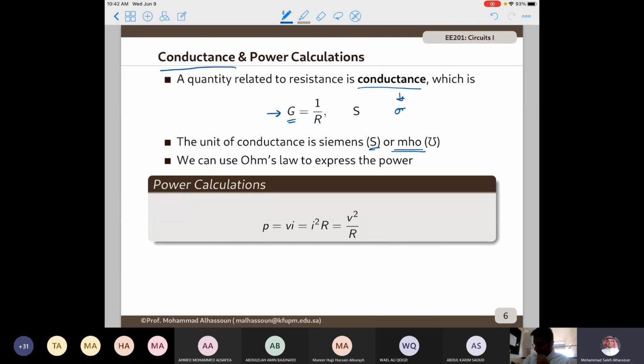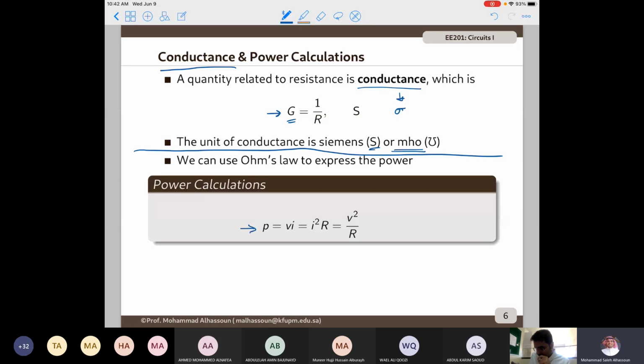Okay, so now we have defined the conductance and the resistance. We defined the resistance in the previous lecture. We now define the conductance, which is exactly the inverse of the resistance. Now let's see how to utilize Ohm's law in power calculations.